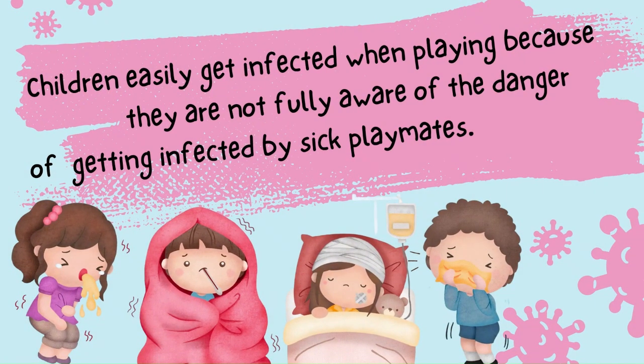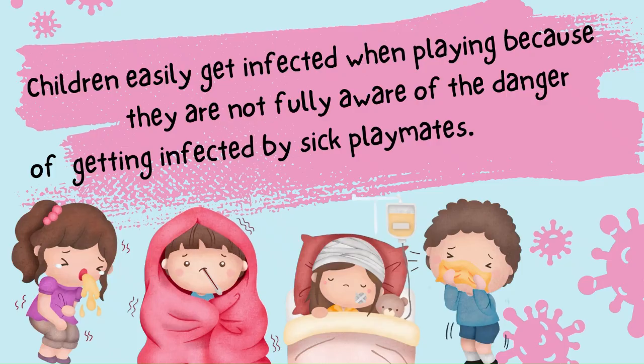Now that we know the different disease agents and the kinds of diseases they cause, let's find out how we actually get infected with these germs. When we say infected, it means the germs or disease agents have entered our body, and that's how sickness begins. Children like you easily get infected when playing because they are not fully aware of the danger of getting infected by their sick playmates.